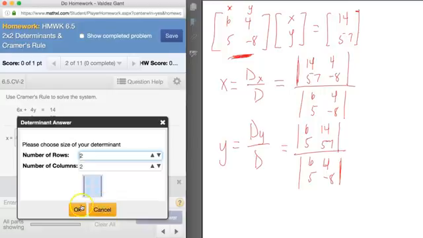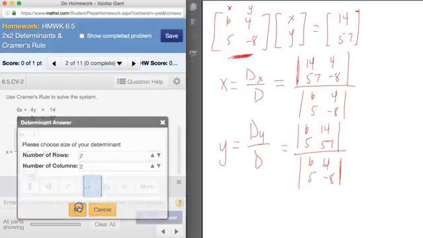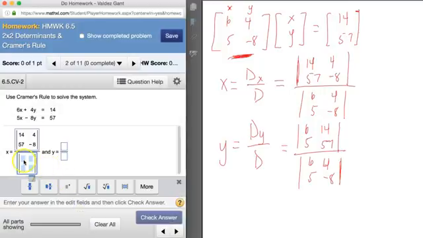So we'll do this. We know that we're going to have a 2 by 2. So that'll be 14, 57, 4, and negative 8. And then down here, we would have another determinant of a matrix. And this would just be 6, 5, and then 4, negative 8.